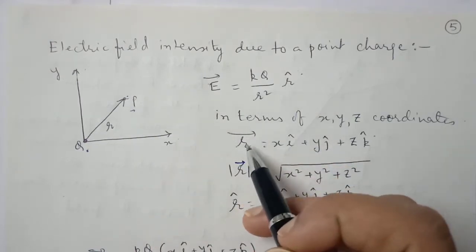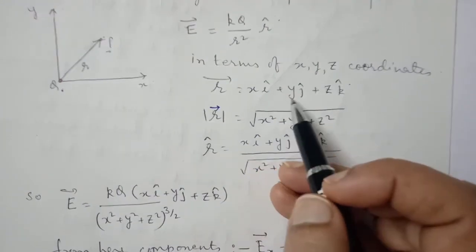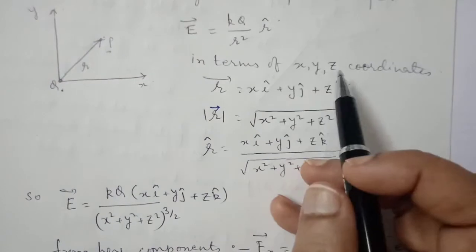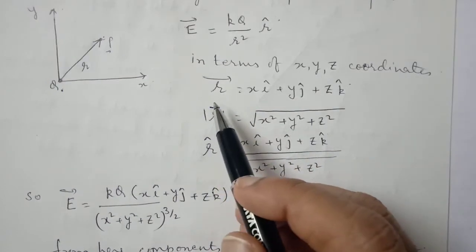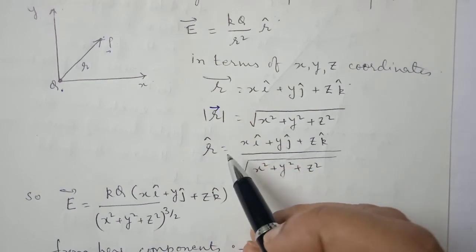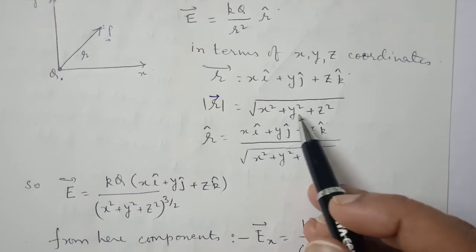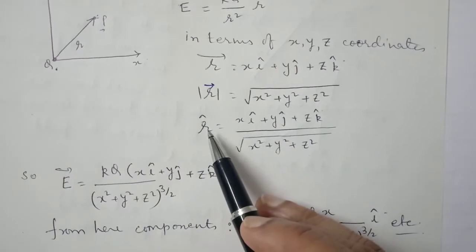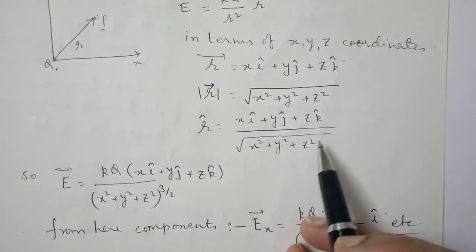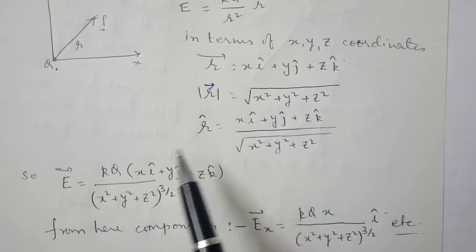So, vector R in terms of the coordinates can be given as x i cap, y j cap, z k cap. If I talk about components of field, let me continue this with this first. R is equal to this. Magnitude will be square root of x square plus y square plus z square, and R unit vector can be given by this expression. Hence, the total field, if I say, can be written in this form.